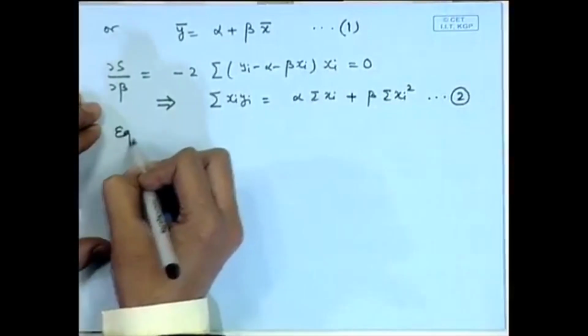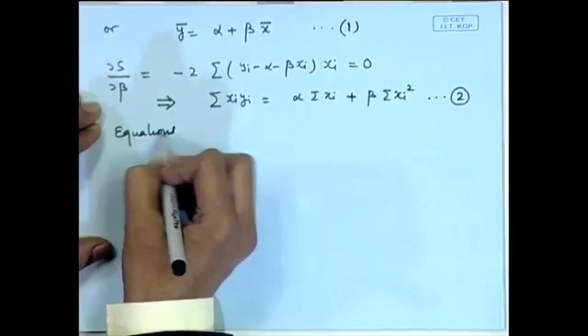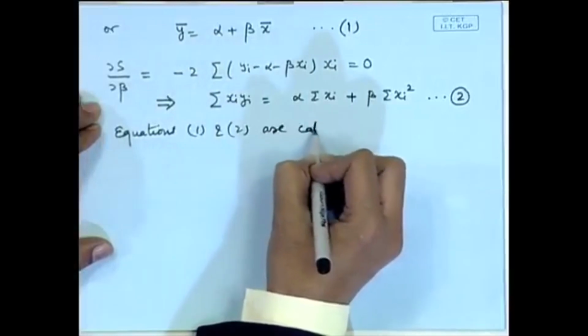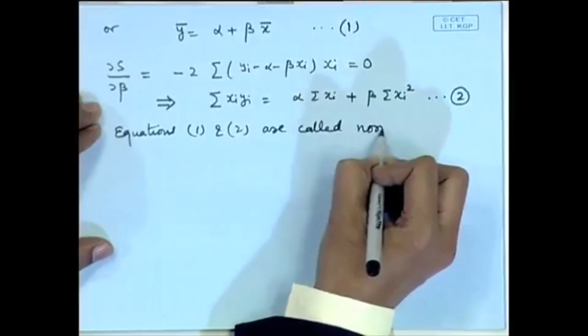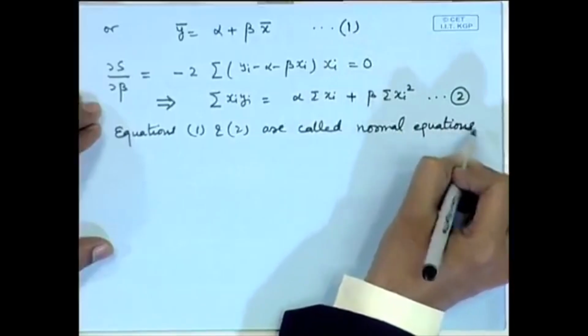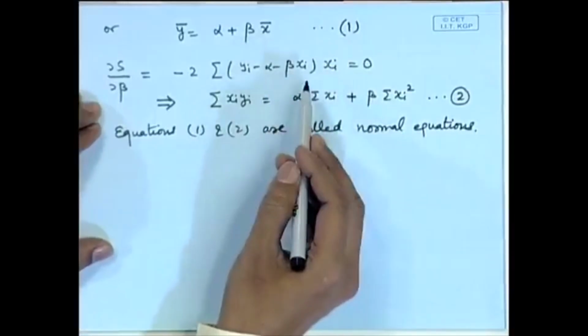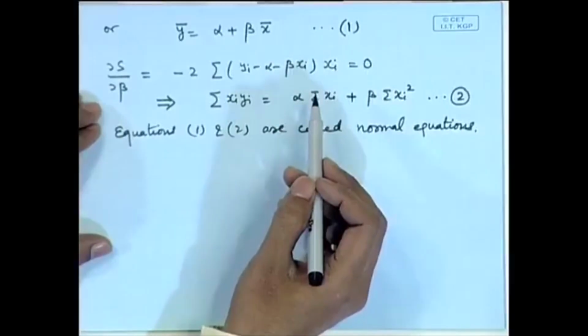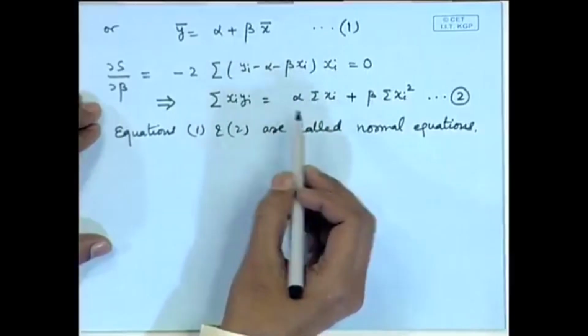So, equations 1 and 2 are called normal equations. So, if we solve equations 1 and 2, then we get the least squares estimates of alpha and beta.